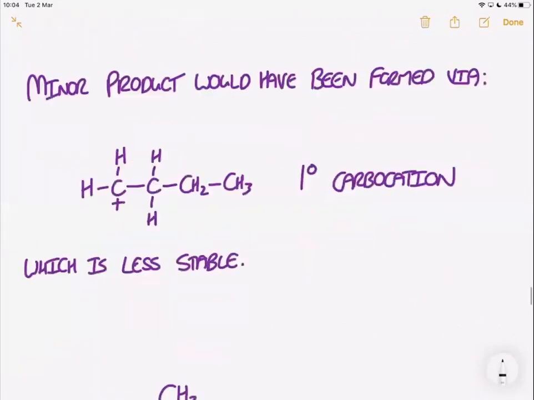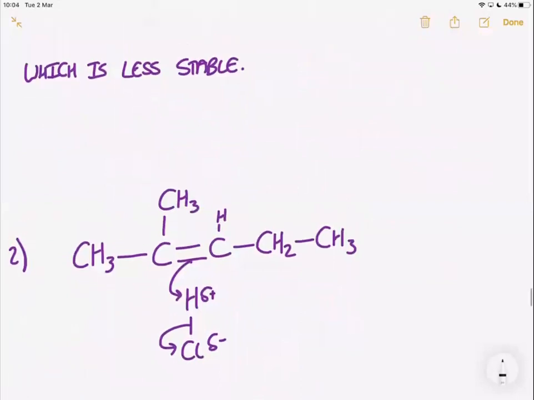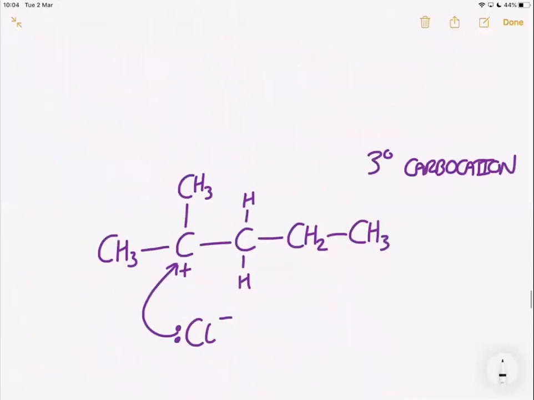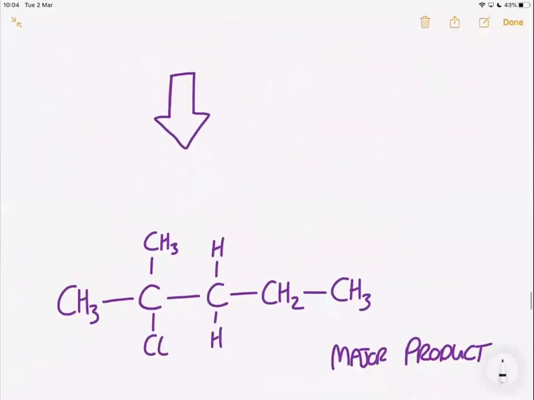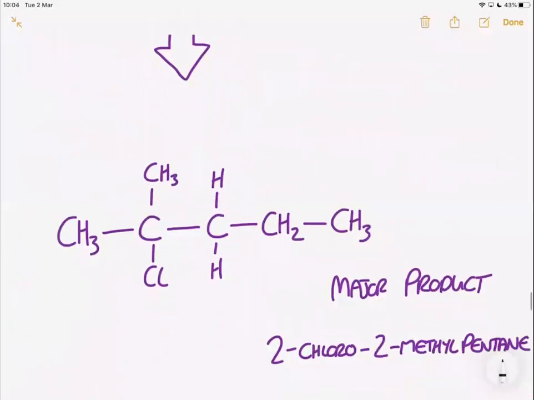For number 2, this time we've got 2-methylpent-2-ene and hydrogen chloride. So here's the mechanism. It's definitely going to go this way, right? Because you've got a tertiary carbocation that can form the major product, which will look like that. 2-chloro-2-methylpentane.